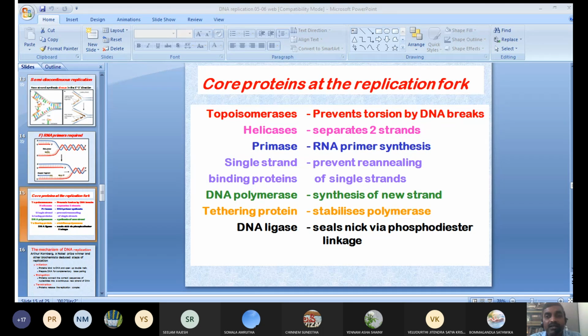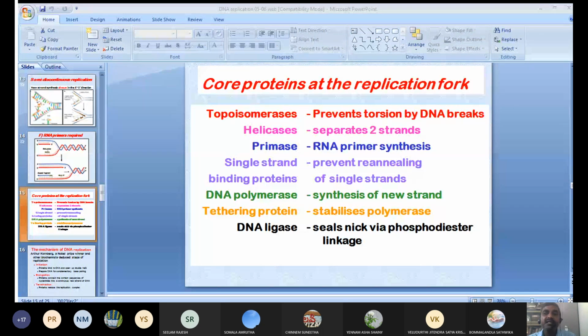They release the torsion. And next is the helicase enzyme. You know the importance of helicase. When the double stranded DNA molecule is there, helicase unwinds it, so that the double stranded DNA molecule becomes a single stranded DNA molecule, and it forms what we call a replication bubble.